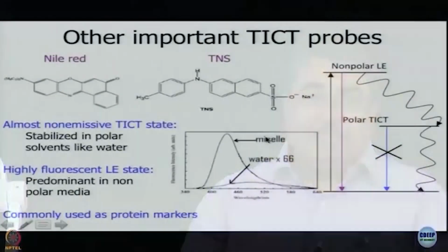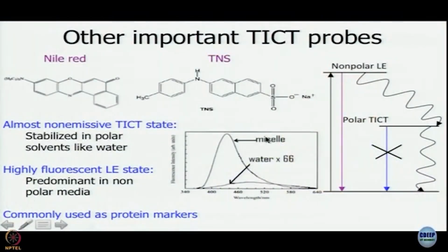And when it is put in micelle, the micropolarity is much less. That is why the locally excited state is selectively populated, that is much more emissive, higher energy and more emissive.